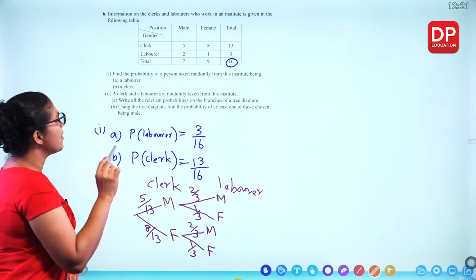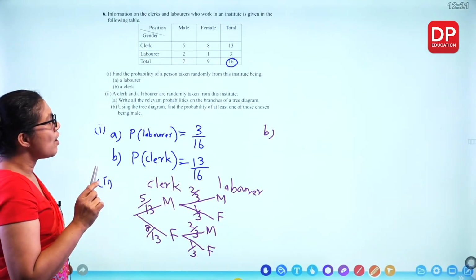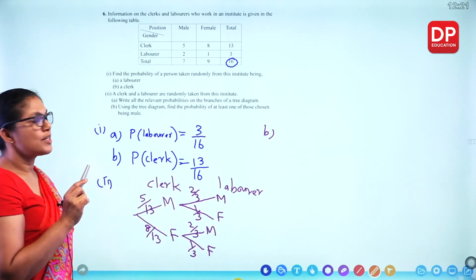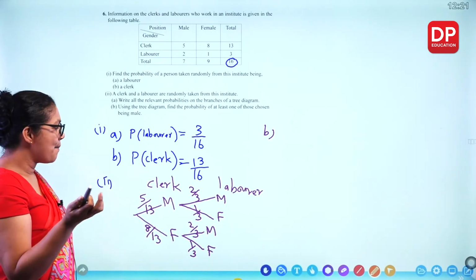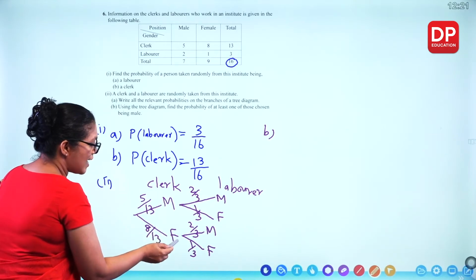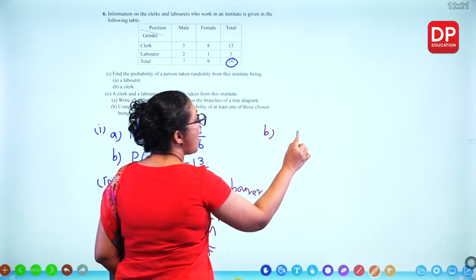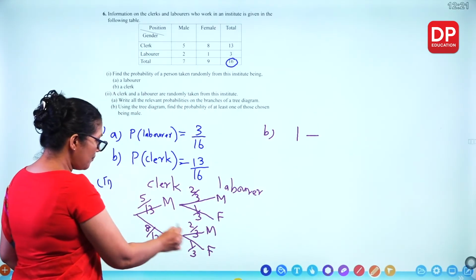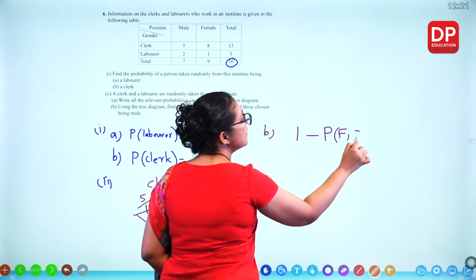Using the tree diagram, that's part B, find the probability of at least one of those chosen being male. Either one person male or both can be male. So here you have to take all branches except both females. So here we can do 1 minus the probability of both female.